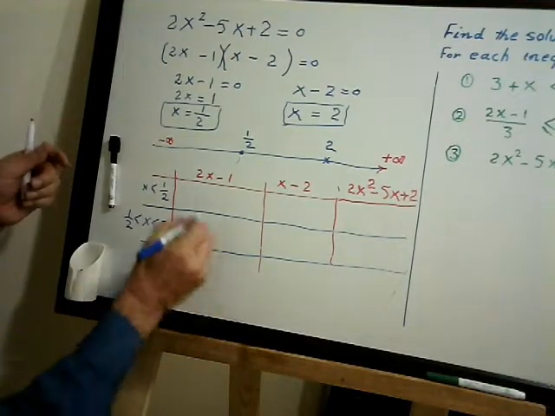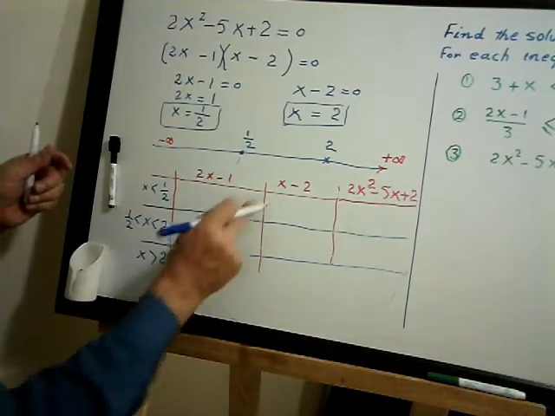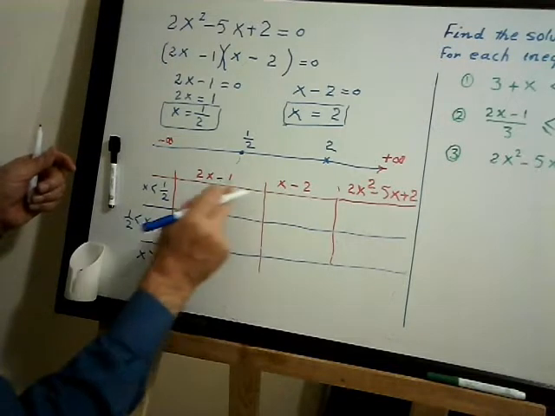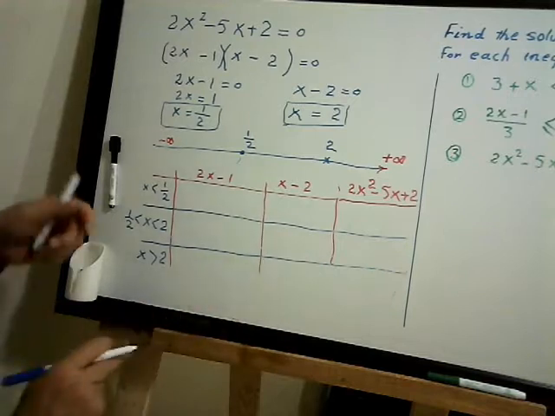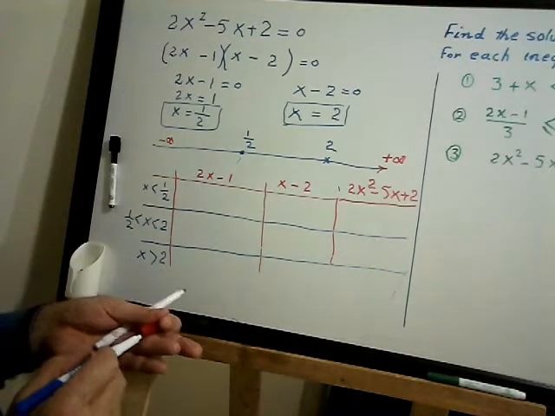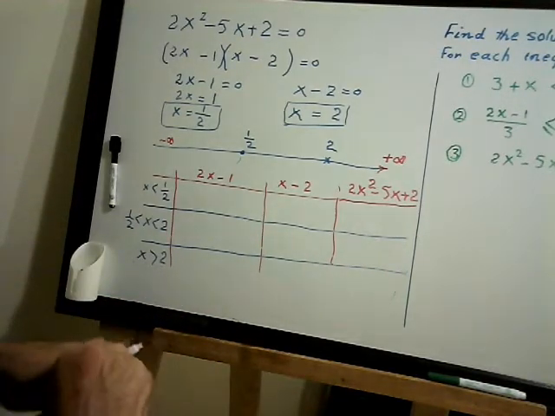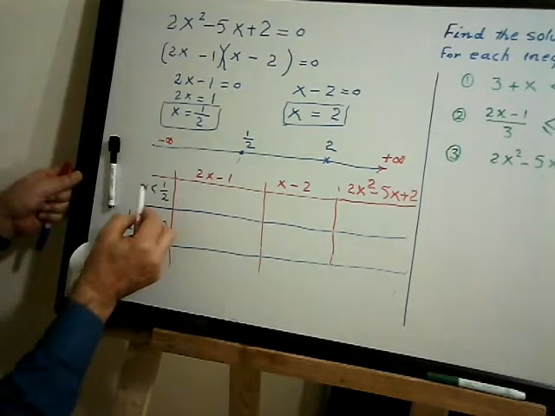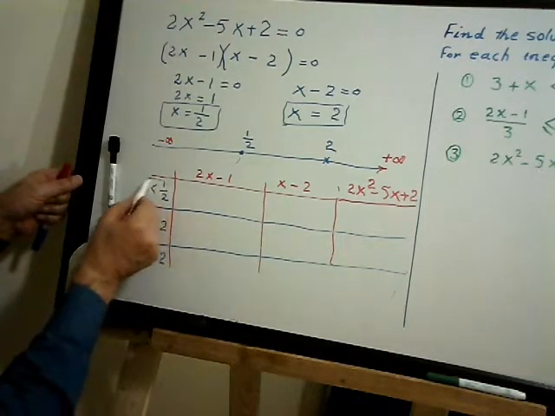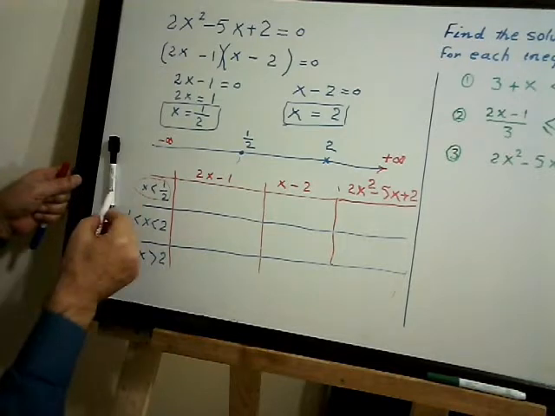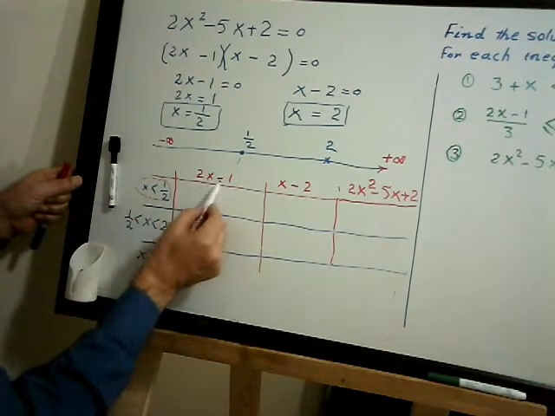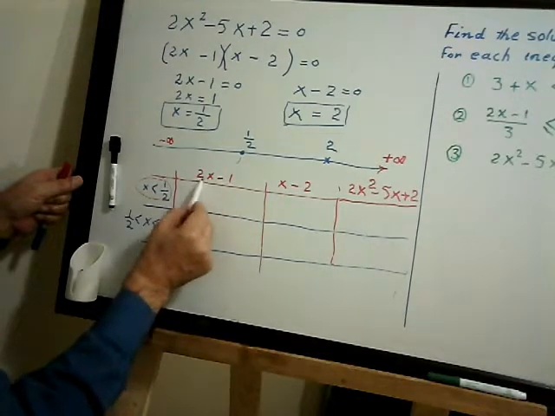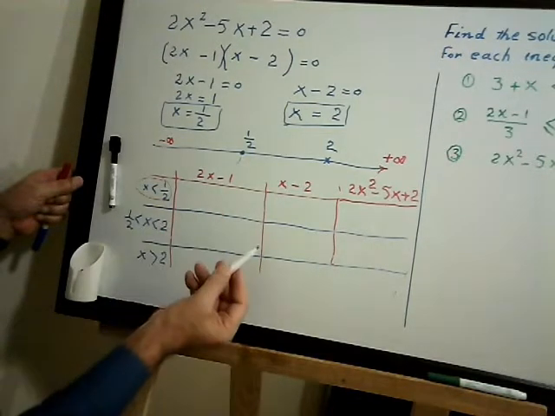Now we need to determine the signs for each area by taking any value in this interval, any value for x, and looking at whether this will be negative or positive.